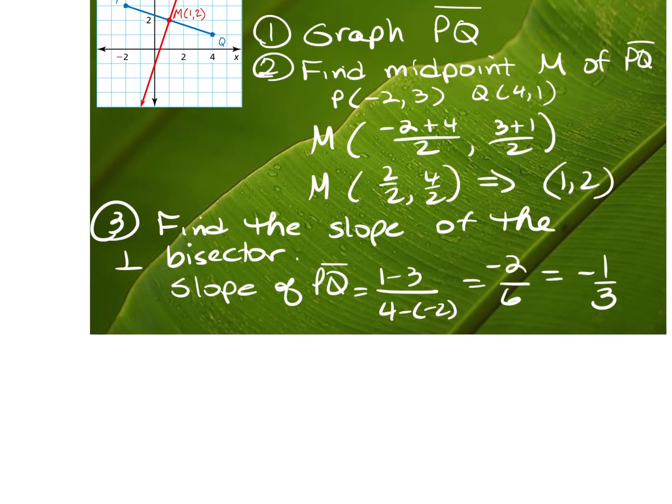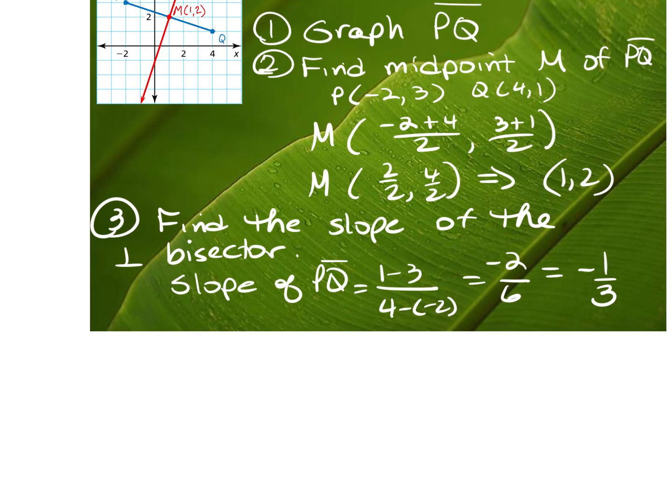Now, remember, that's the slope of PQ, but the slope of the perpendicular bisector is going to be the opposite reciprocal.